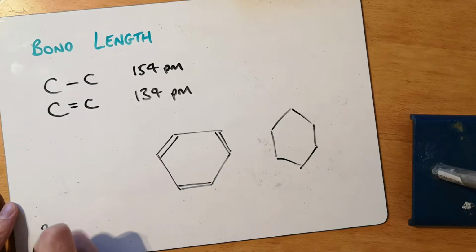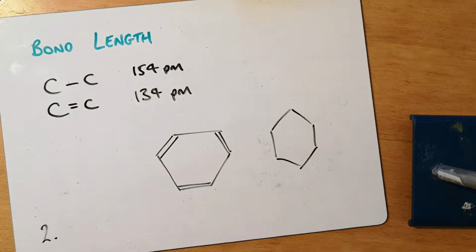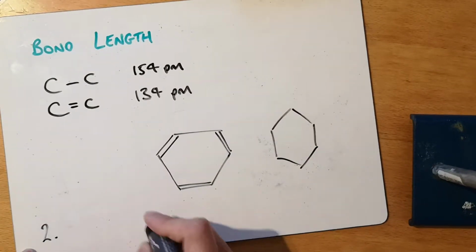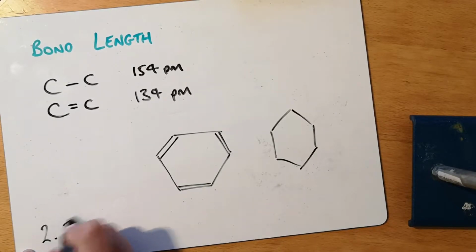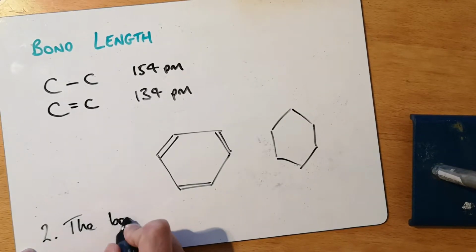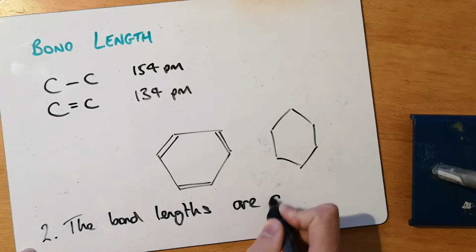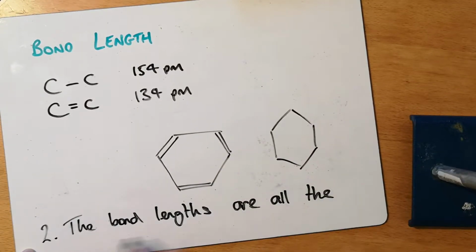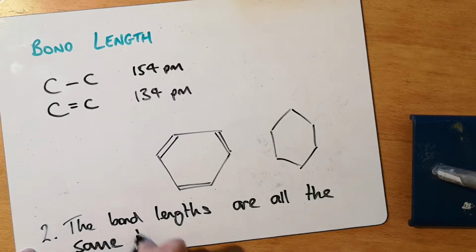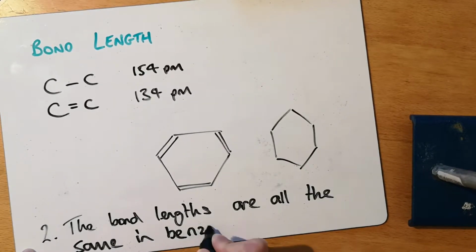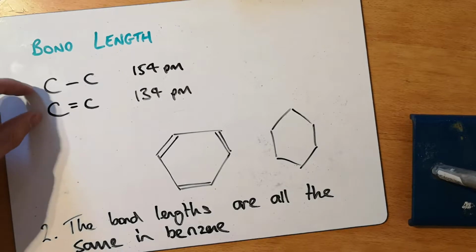So the second reason is the bond lengths are all the same in benzene, suggesting something in between the two.